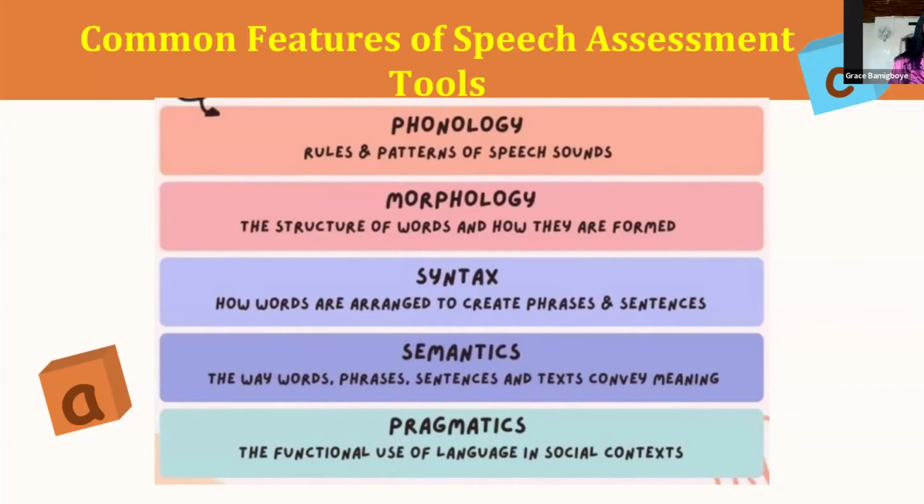The next one is syntax. That's actual sentences. You want to test how the child can understand sentences. So you can put a sentence like, the boy is singing and the girl is singing. Pictures. So you tell the child, show me the boy is singing, and see if the child can point to the boy singing or point to the girl singing.